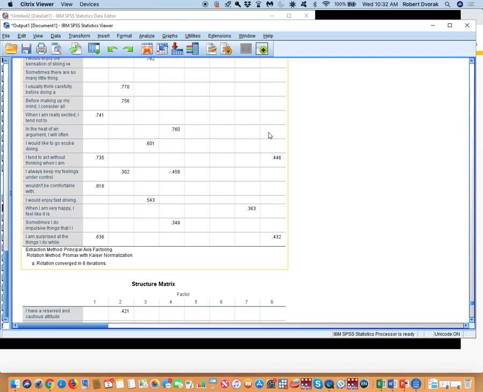So unfortunately, this type of factor analysis winds up being very mushy, right? And for math people, for stats people, nobody likes to hear mushy.